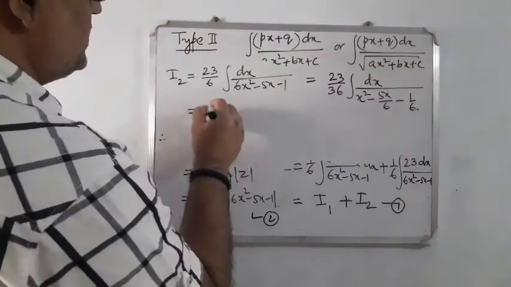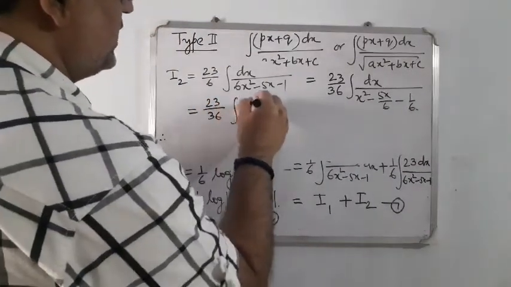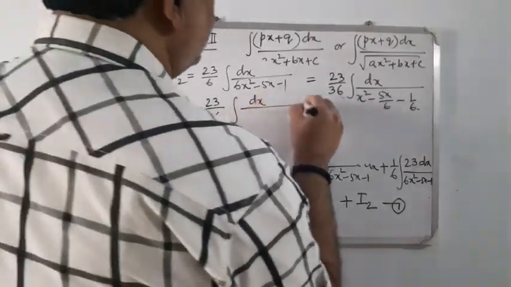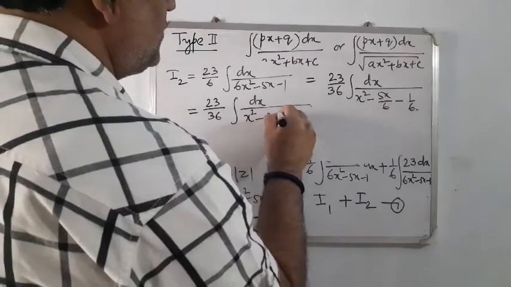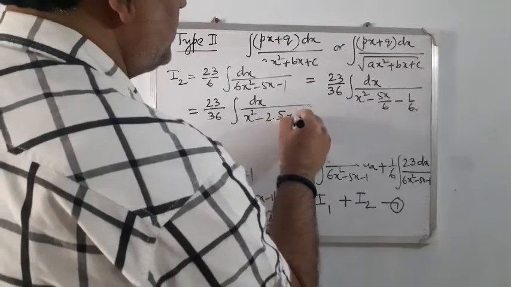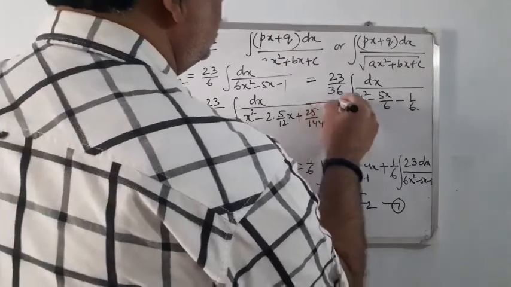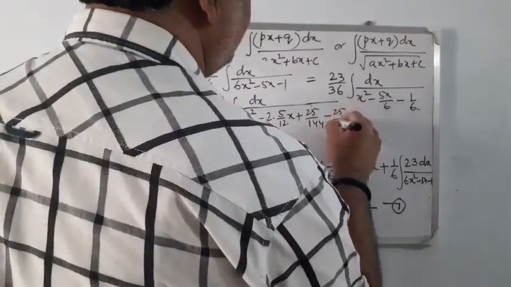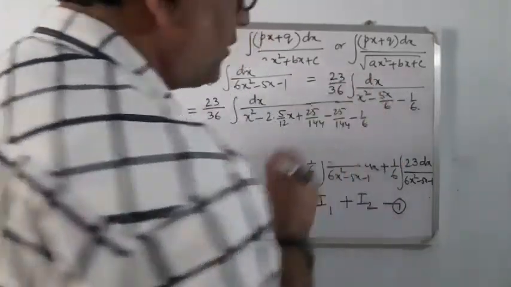So what happens? 23 by 36 integral dx by, you can make it as a perfect square, x square minus 2 into 5 by 12 into x plus 25 by 144, then minus 25 by 144, and then minus 1 by 6. This thing you can write.